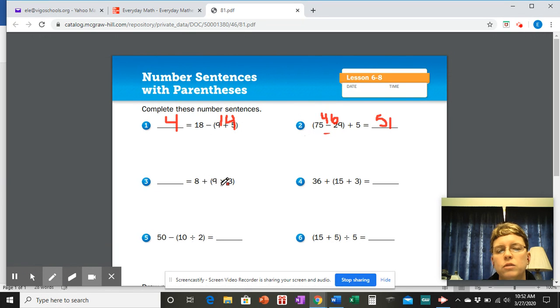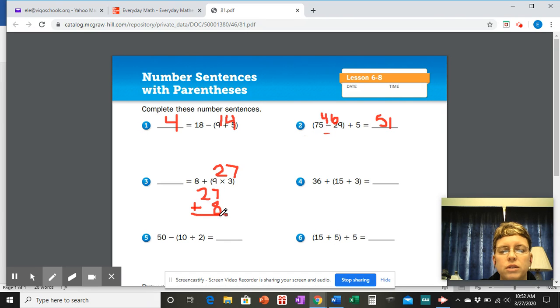Now we have multiplication in the parentheses. So 9 times 3 is 27. Again, I'm going to write that up top. And now I'm going to have 8 plus 27. So I'm going to write that underneath to make it a little bit easier to do the math. And remember, this time we are adding.